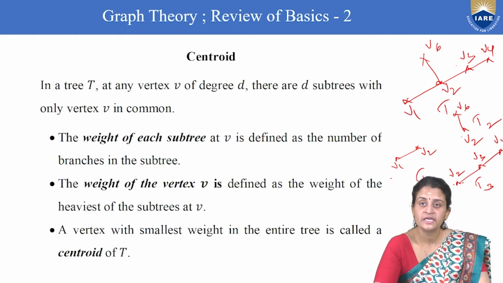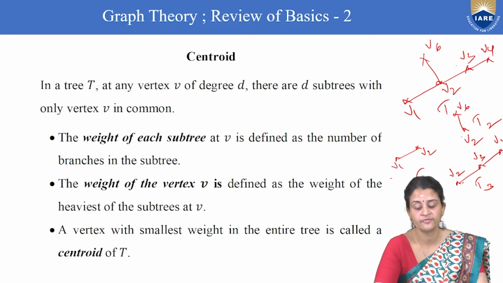The weight of each subtree at V is the number of branches in the subtree. That is, here the weight of this subtree at V2 is 1. Here it is 1. And what about here? It is 2.